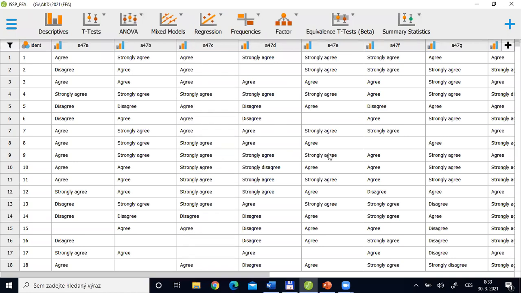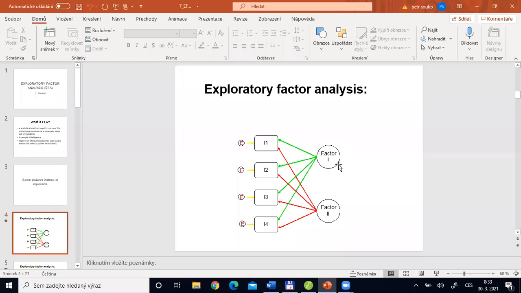These circles or ellipses include latent variables, so variables that are not in my data matrix, that are not observed. We call these variables latent variables or factors. The basic idea is that there is a link between a factor and individual observed variables, and we try to evaluate the strength of the association of these links.